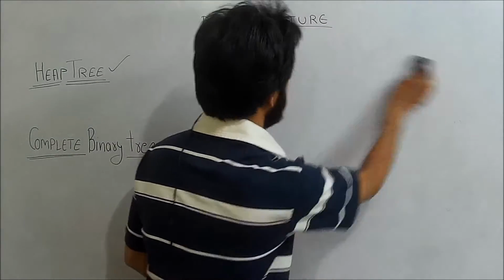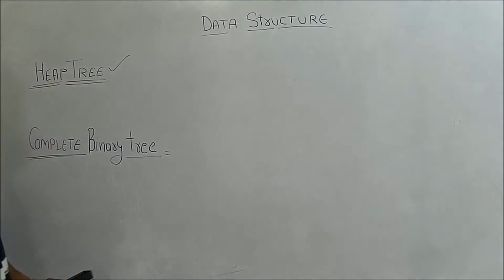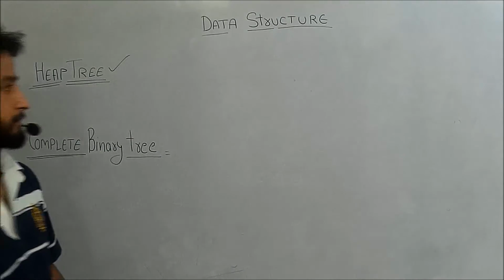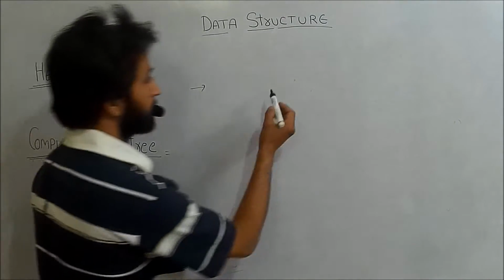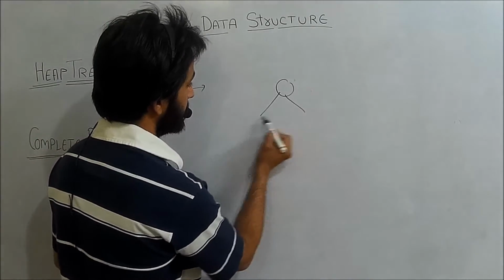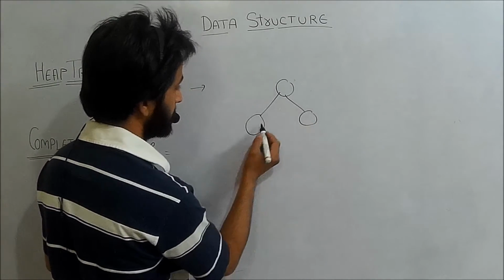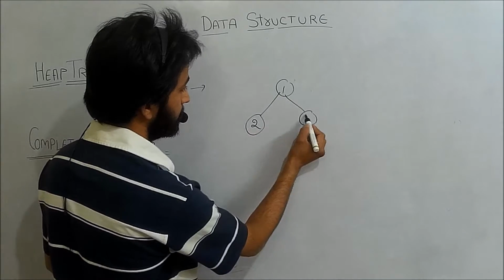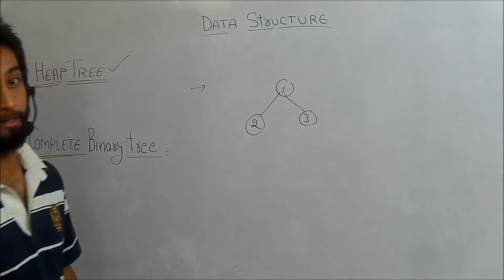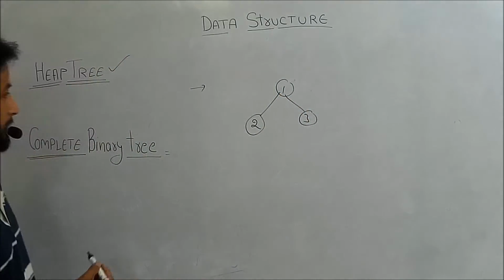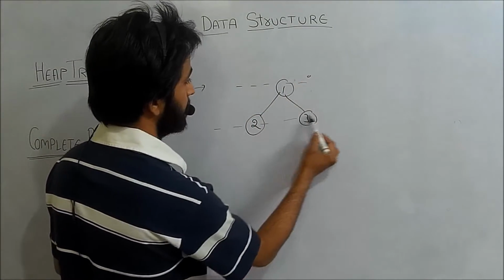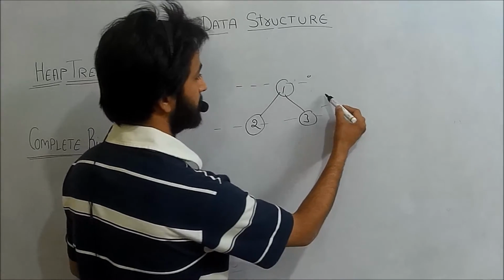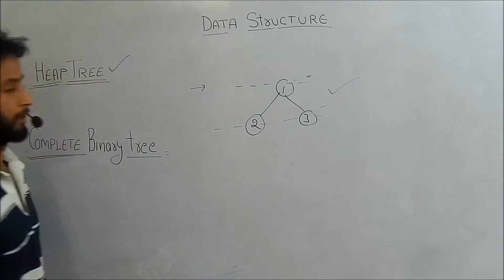Before going into heap tree, let us understand a few more examples on complete binary tree. Can we say that the given tree, in which 1, 2, 3 are the nodes, is a complete binary tree or not? Here level 0 is fully complete, level 1 is also complete, so we can say that the tree is a complete binary tree.